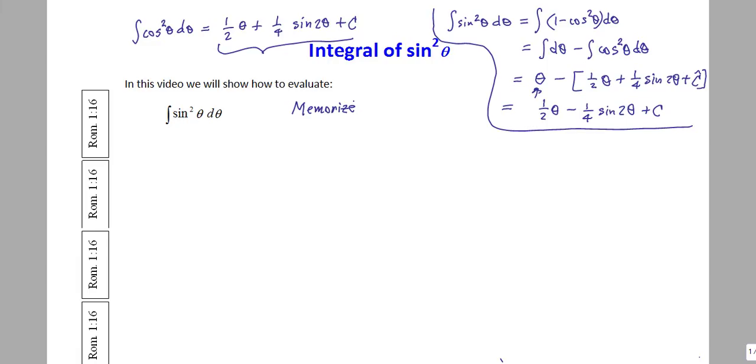So let's take a look at the following. Cos of a plus or minus b is equal to cos of a cos of b minus plus, remember those get flipped, sine of a sine of b.